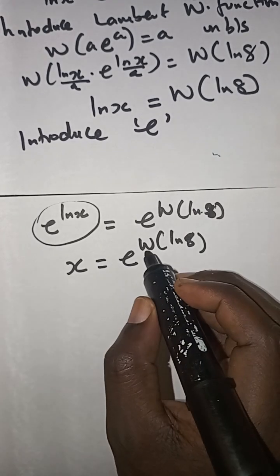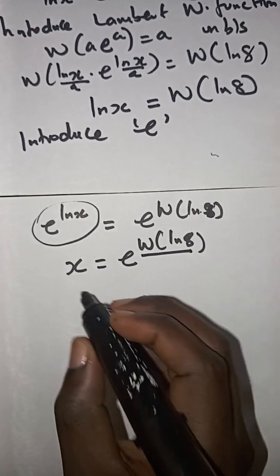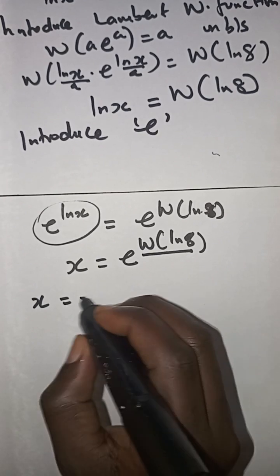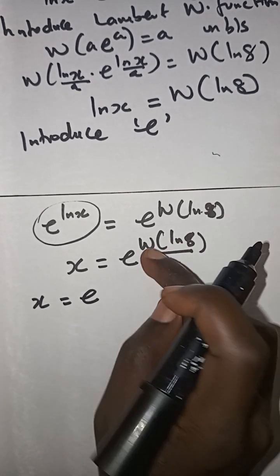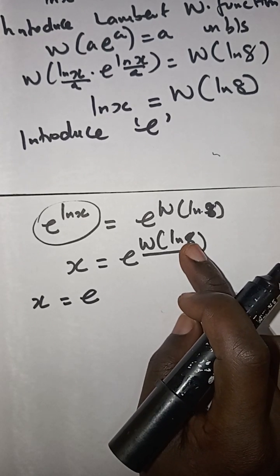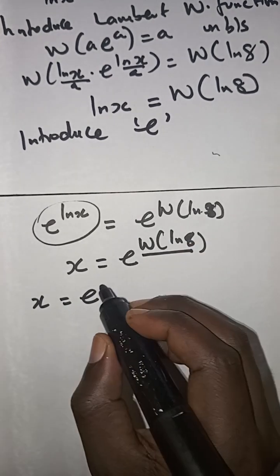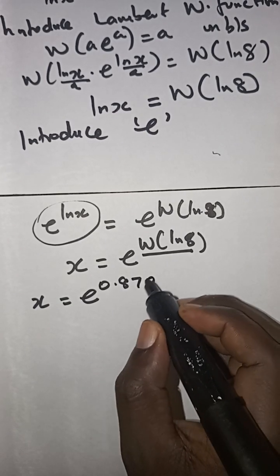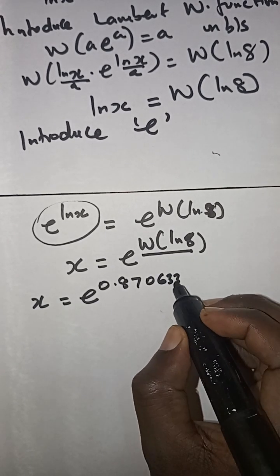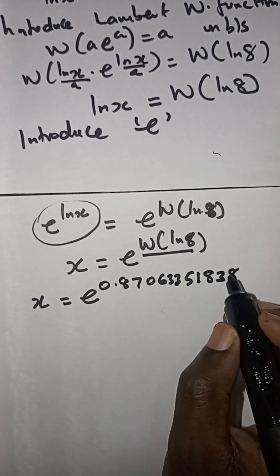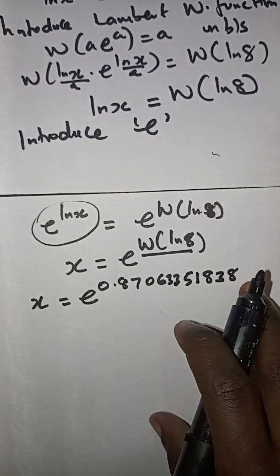When you take the W of ln of 8, from my calculator it is giving me 0.87063351838. Of course, it is an irregular pattern.